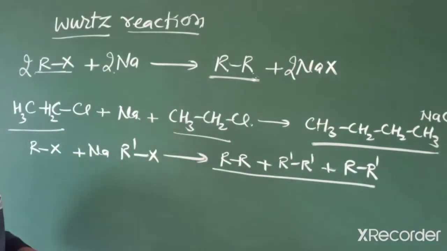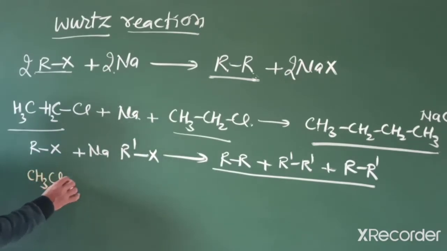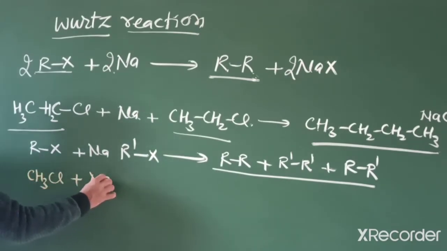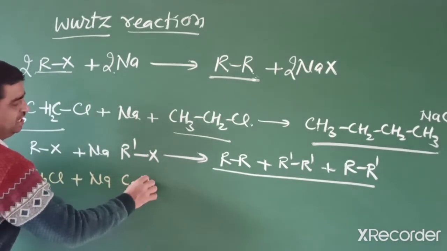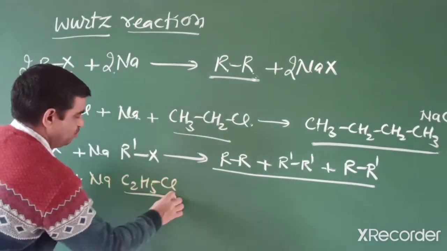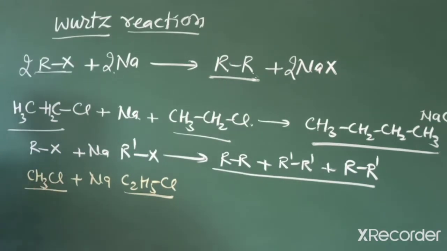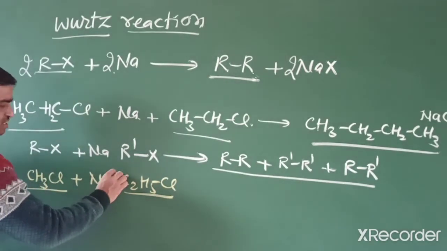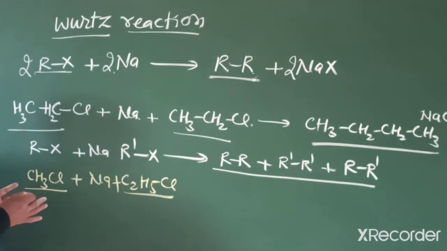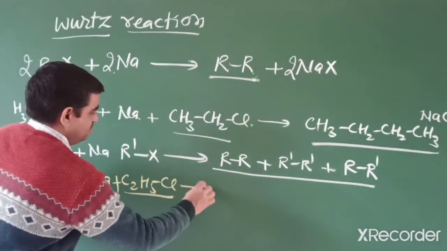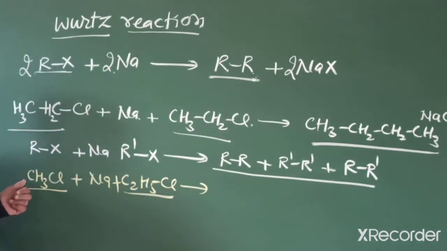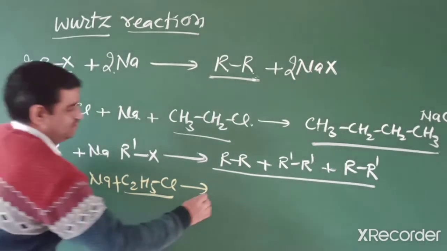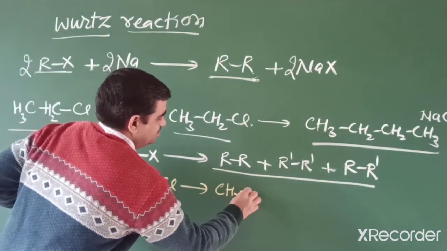How can you understand this? Take one example, CH3Cl, and the other one, C2H5Cl, meaning chloromethane and chloroethane. When they react with sodium metal, we get 3 different products. First, CH3 reacts with another CH3, so we get the product ethane.